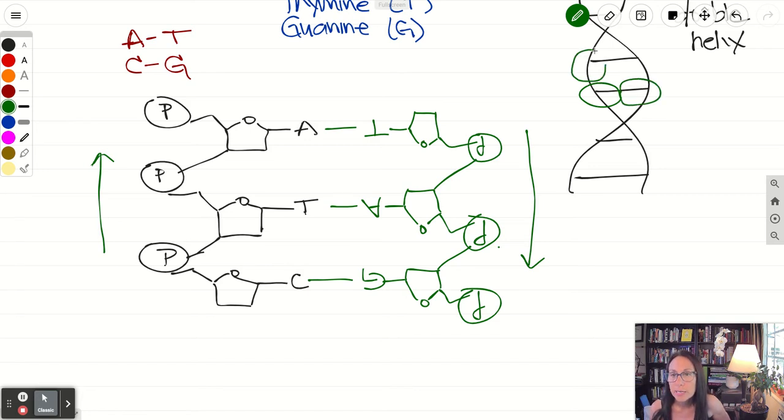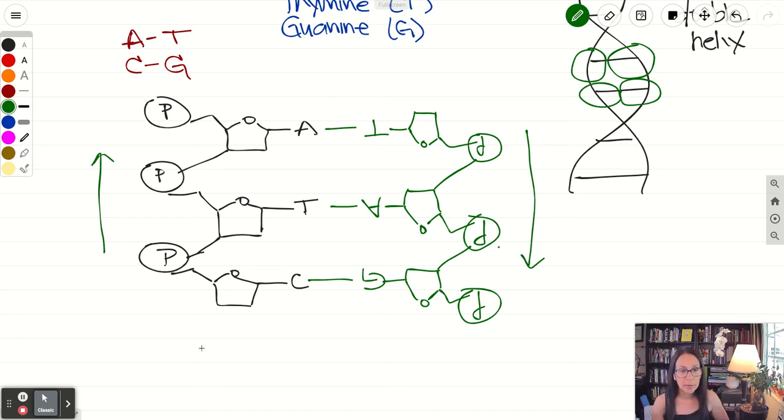Another nucleotide is circled here. Another nucleotide is circled here. So here I have 4 circled nucleotides, and here I've drawn 6 nucleotides. But what you need to know is that there is one side, and then there's the complement side. So if you know one side, you automatically know the other side.